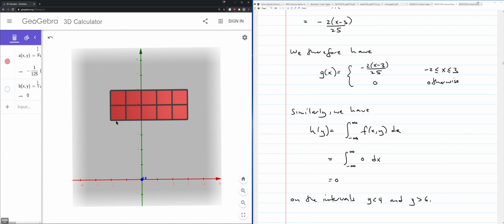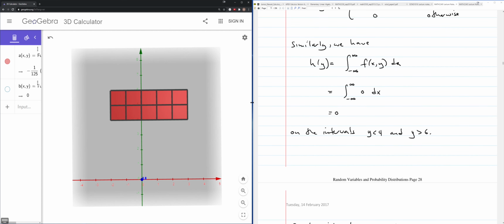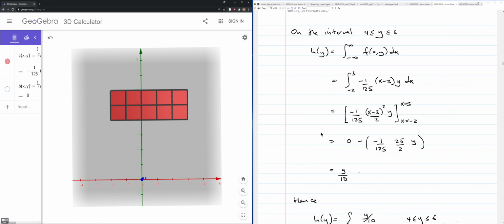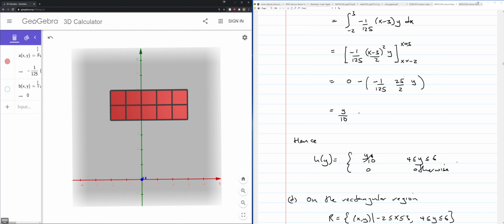Remember, we're just considering this rectangular region. So when x lies between -2 and 3, this is the g of x: minus 2 x minus 3 on 25. Similarly, in this rectangular region, y lies between 4 and 6, so the marginal for y between 4 and 6 is y on 10.